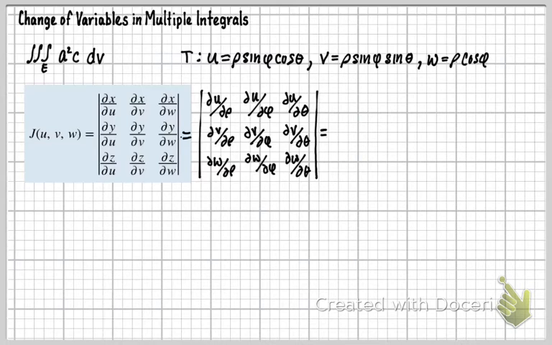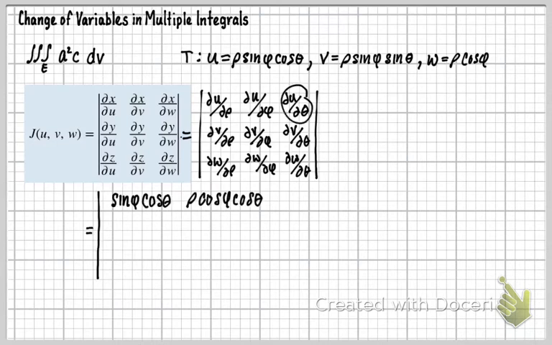So for the first one here, partial u partial rho, that's going to be just sine phi cos theta. And then for partial u partial phi, that's going to be rho cos phi cos theta, which I see we're not going to have enough room, so I'm going to move it down to the bottom.